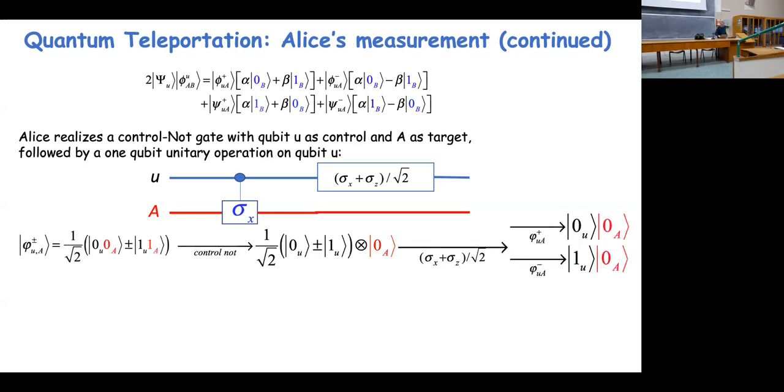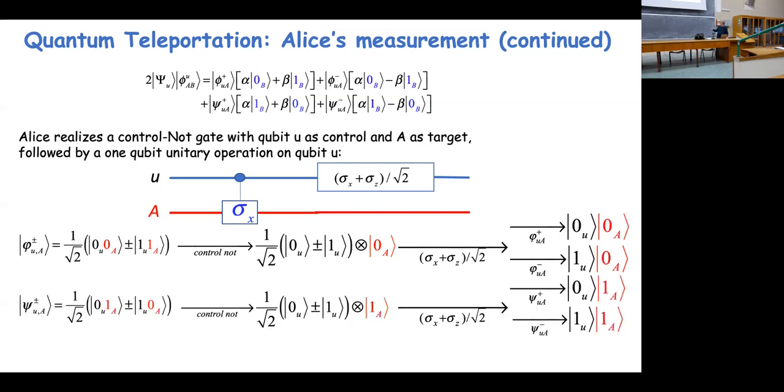And in the end, see what will happen if the system is in this Bell state. After all this operation, you will find 0, 0, or 1, 0, depending on whether it has sign plus or minus. And if you are in the 2 other Bell states, you will find 0, 1, or 1, 1, once you have applied the gate plus this unitary operation.